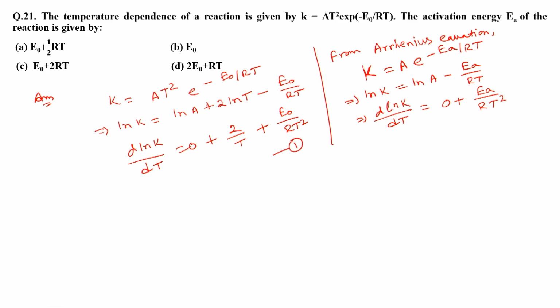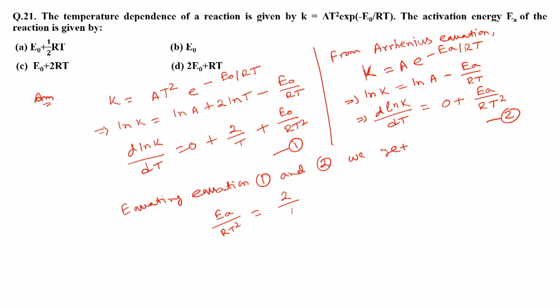Now, if this is equation 1 and this is equation 2, equating equation 1 and 2, we get EA by RT square is 2 by T plus E naught by RT square.